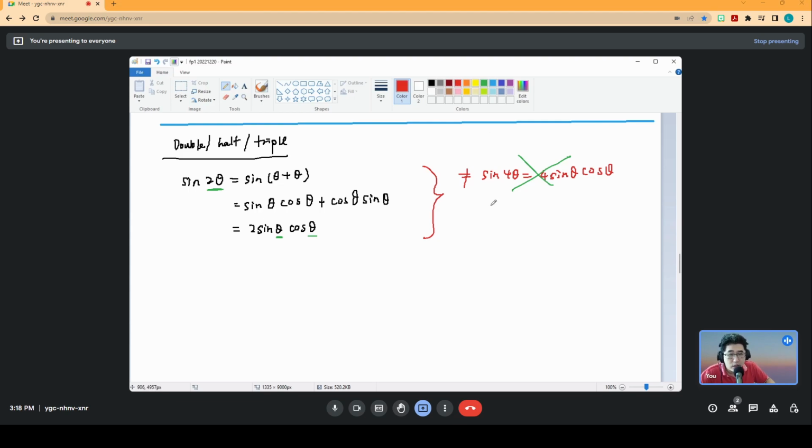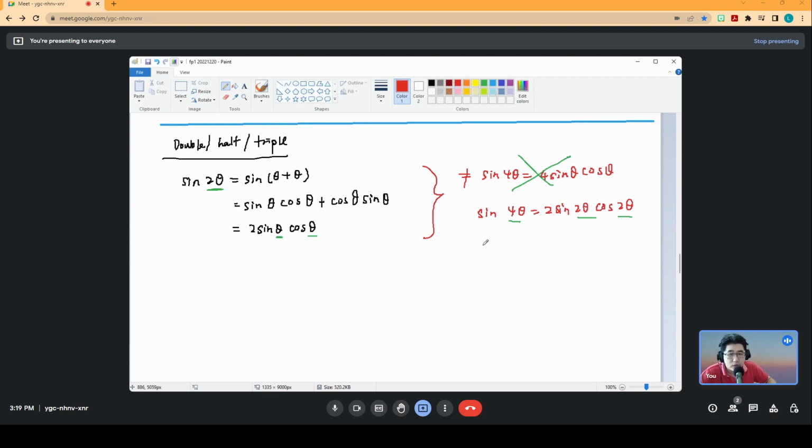Therefore, sine of 4 theta equals 2 sine 2 theta cos 2 theta, because the relationship is double and half, but the structure of 2 sine cos is exactly the same.